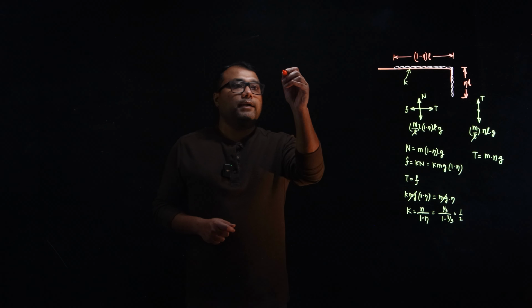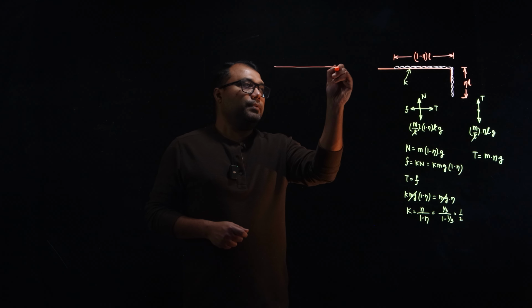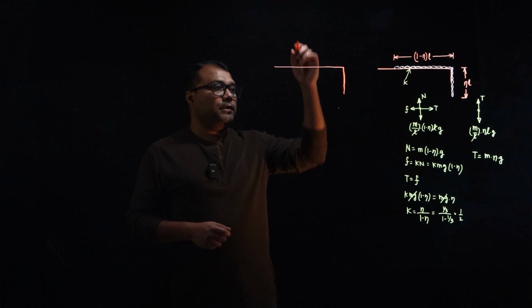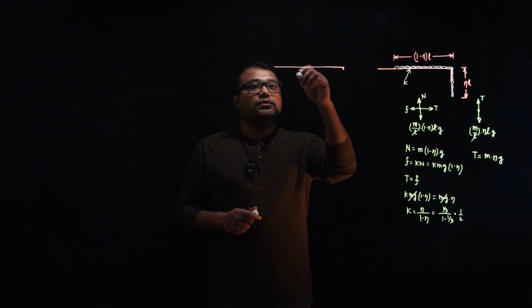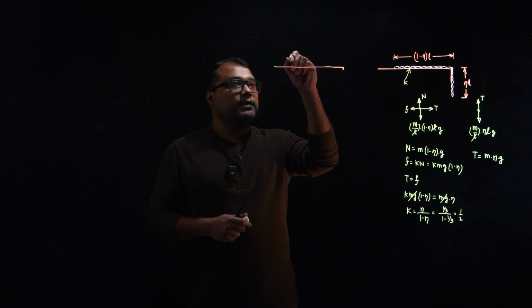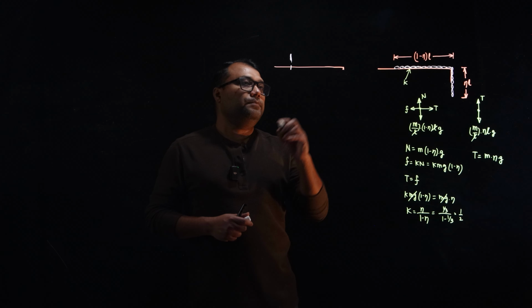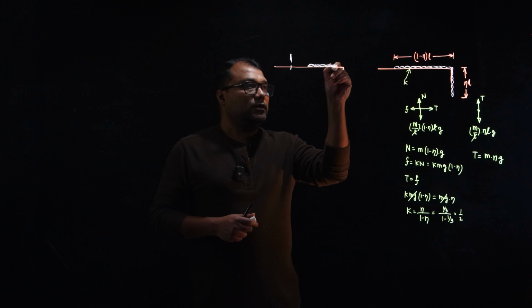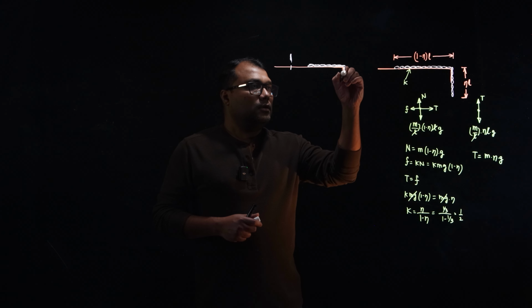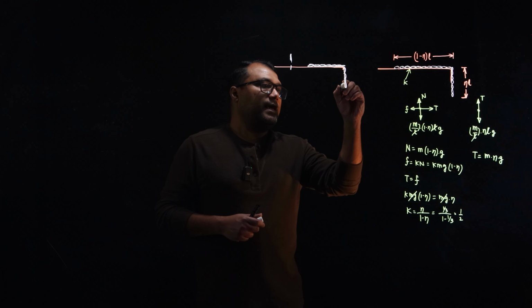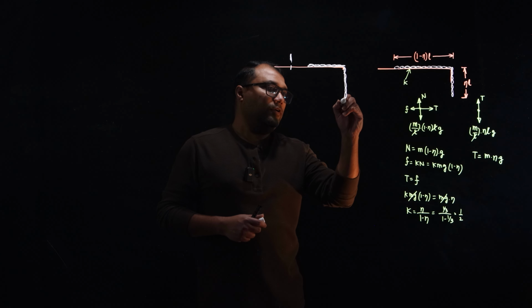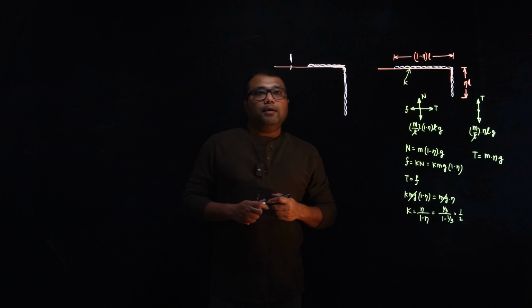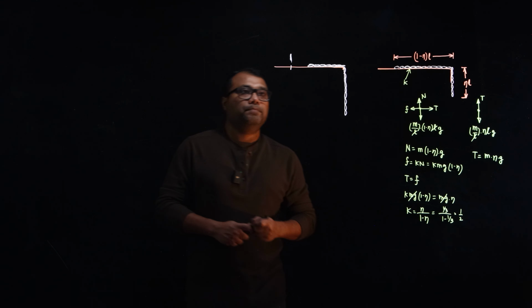Now let's look at what happens after some time t. The initial position of the chain was here. Let's say it has slid off a little bit, so now the chain is hanging more, it is sliding off in the process of falling down.